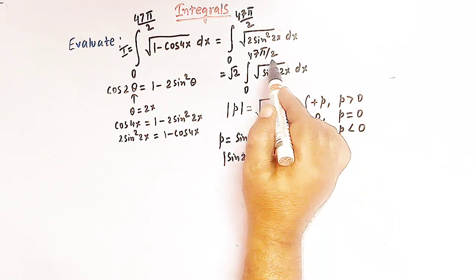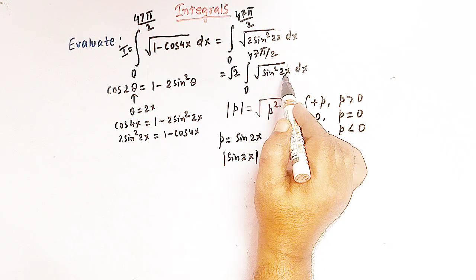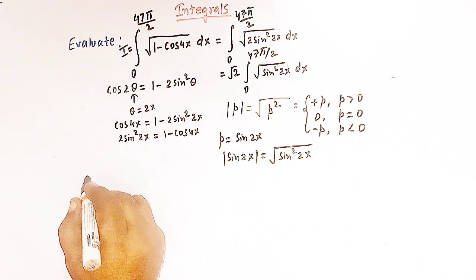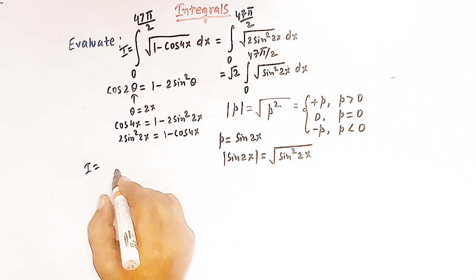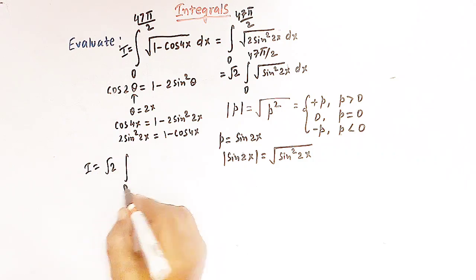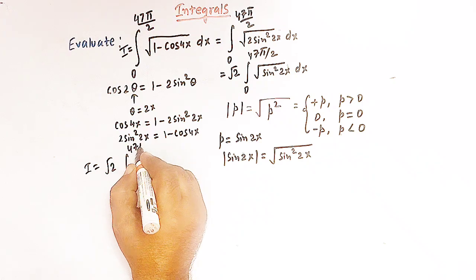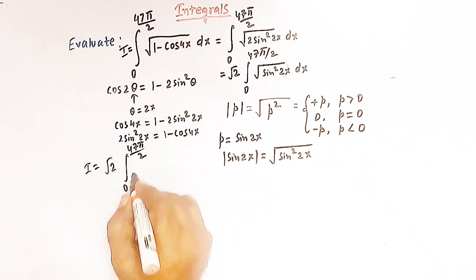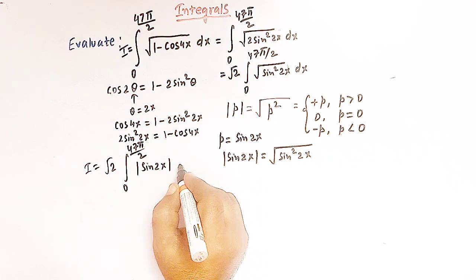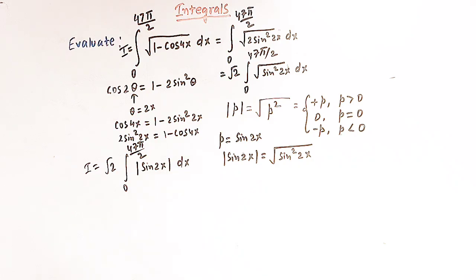So let us replace square root of sine square 2x by mod sine 2x. So now our integral assumes the form square root of 2, and limits are from 0 to 47 pi over 2, and here we have mod of sine 2x, and here we have dx.